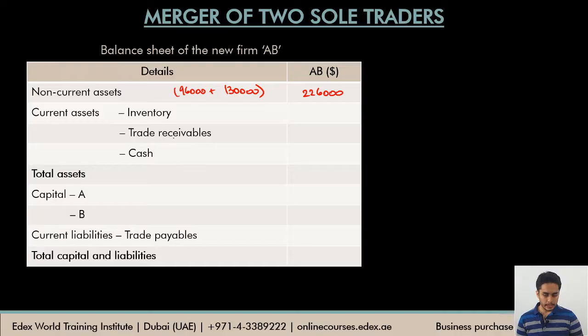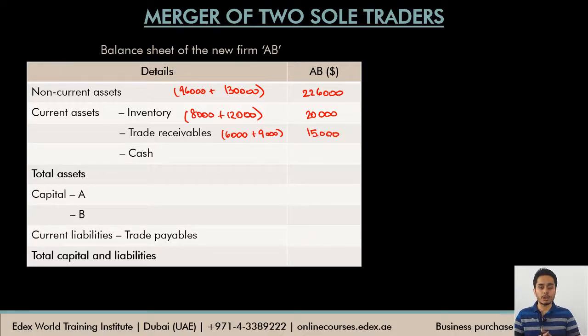Inventory contributed by A and B 8,000 plus 12,000, no market values are given, so we take book values in this case, 20,000. Trade receivables of A and B 6,000 plus 9,000, 15,000. And cash contributed by A and B, A contributed 43,000 and B contributed 10,000.